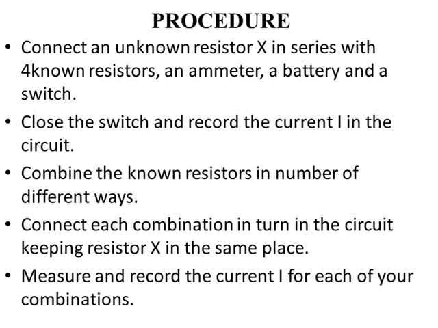Now the second one says close the switch and record the current in the circuit. The moment you close the switch, your connection will start working. Which means by the time you close the switch, there will be deflection on the ammeter.